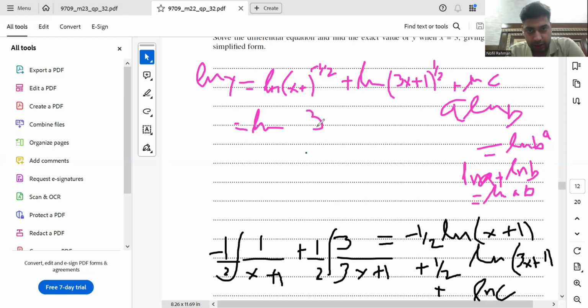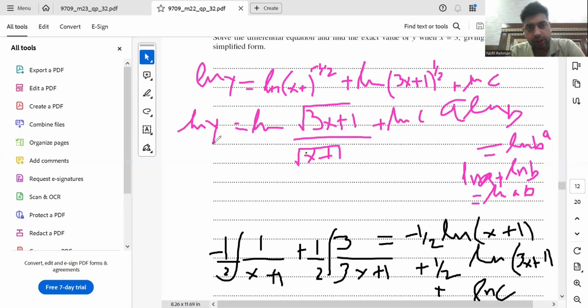The power 1 over 2 represents under root. So we can write this like this, under root, plus ln c.